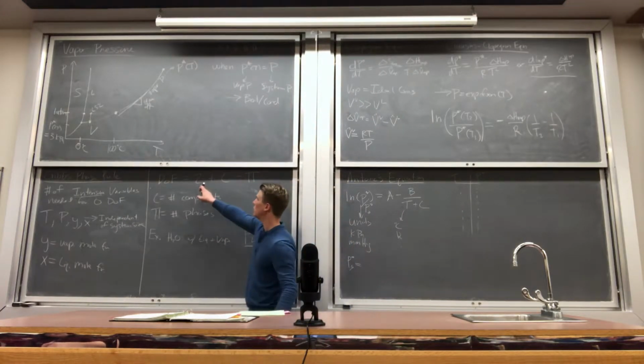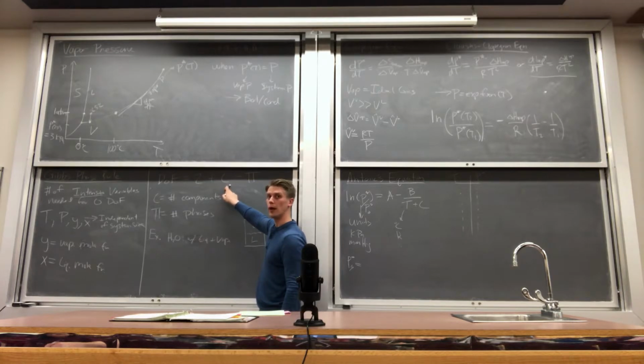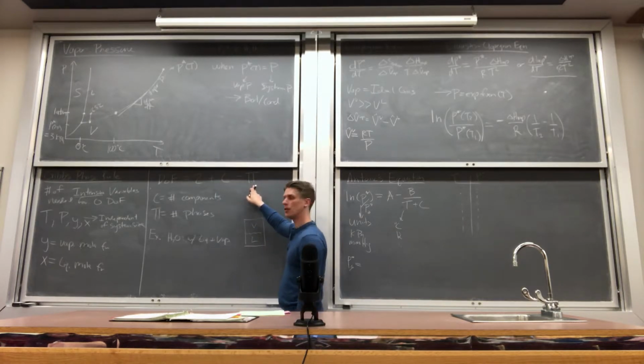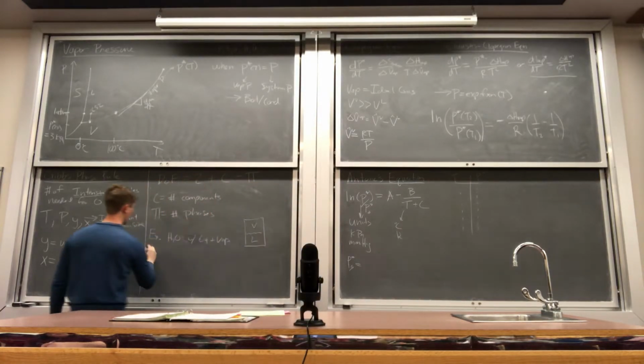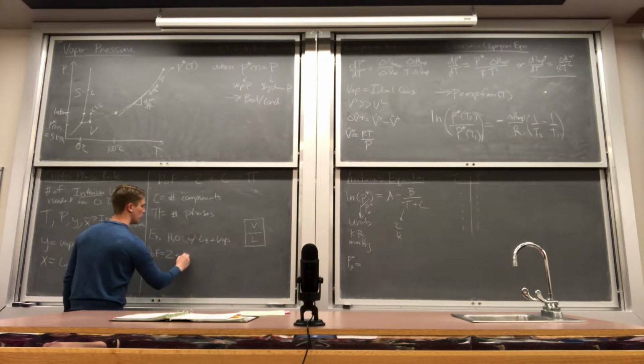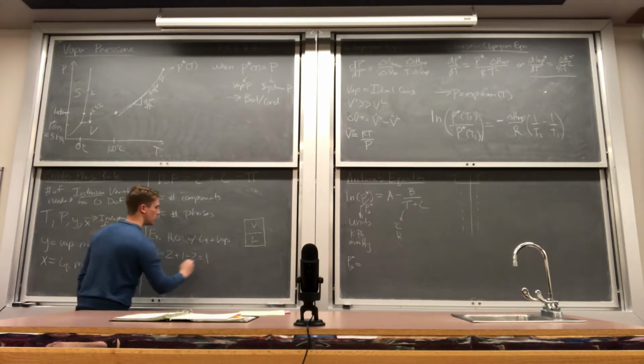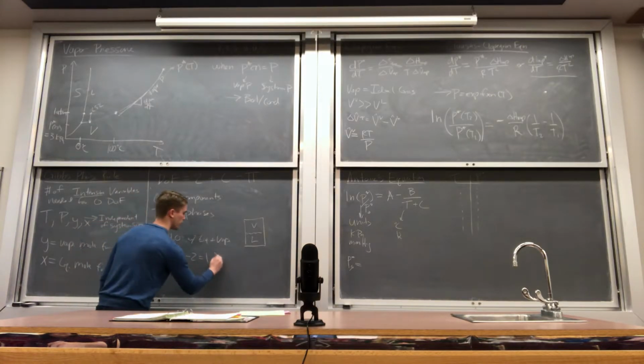So we have 2, that's the same, plus number of components, which is 1, minus the number of phases, which is 2. So our degrees of freedom are equal to 2 plus 1 minus 2, which gives us 1 degree of freedom.